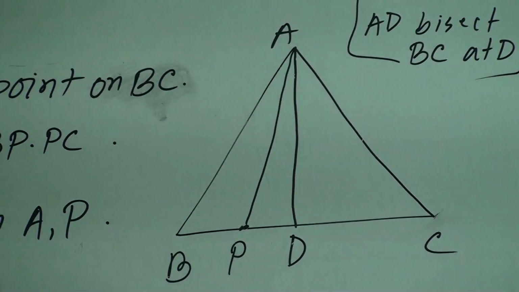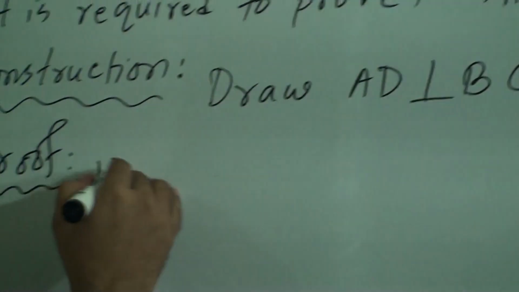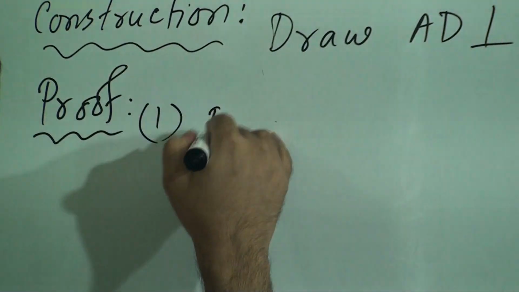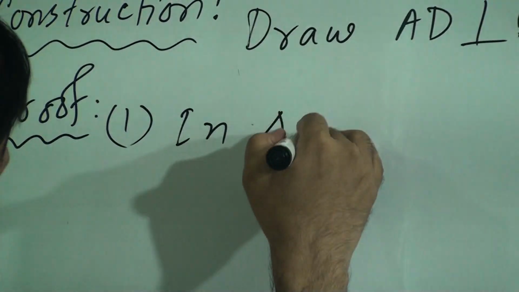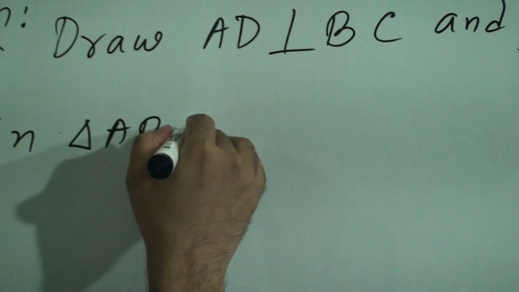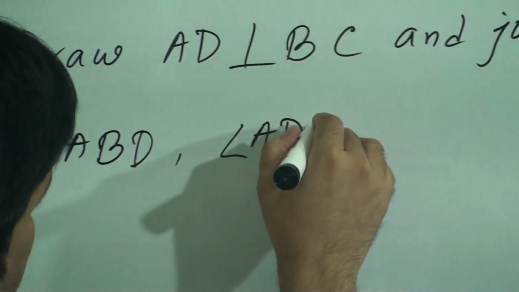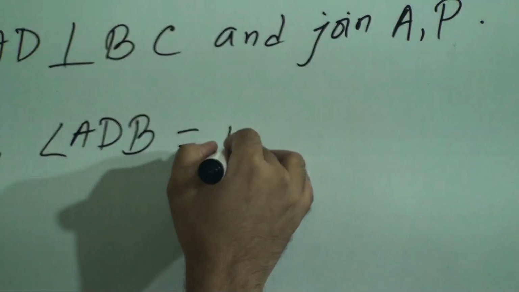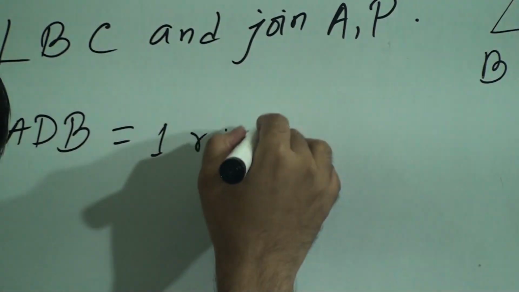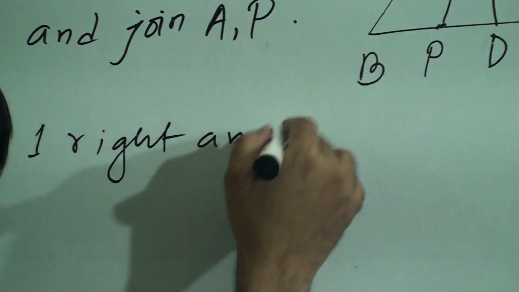So in the first step we can write: in triangle ABD, angle ADB is equal to one right angle.